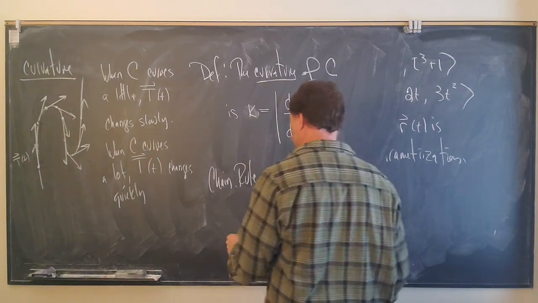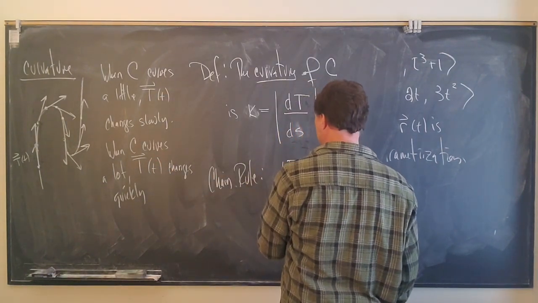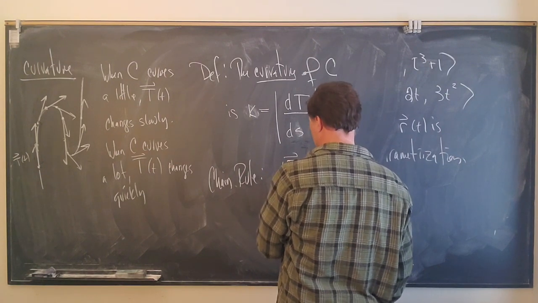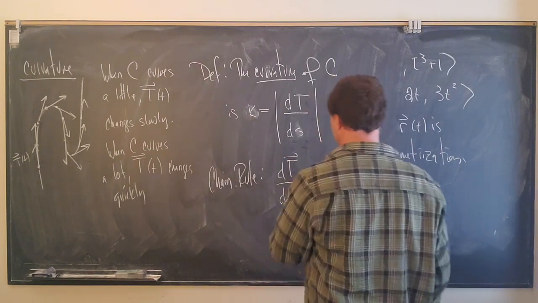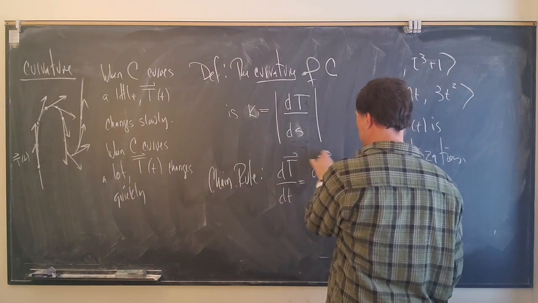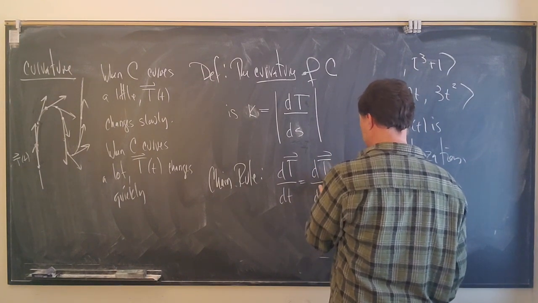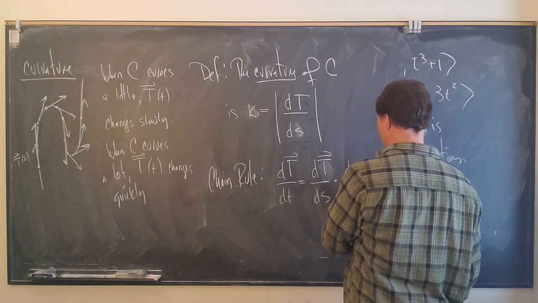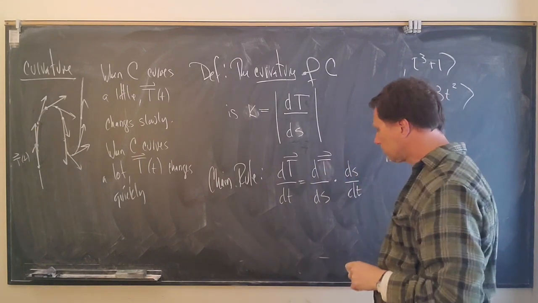So according to the chain rule, dT/dt equals dT/ds times ds/dt.